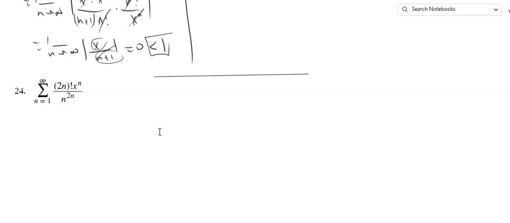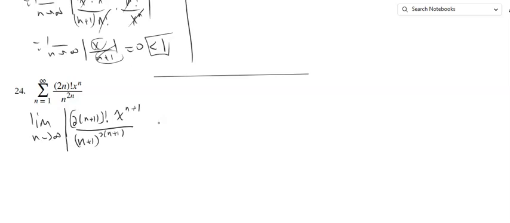And how about this problem? Here we're going to take the limit as n approaches infinity. Here we're going to have to work a bit slowly at this: 2 into n plus 1 factorial x to the n plus 1 over n plus 1 to the 2 into n plus 1, multiplied by the reciprocal, x to the 2n over 2n factorial x to the n.